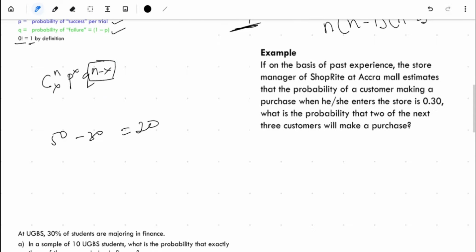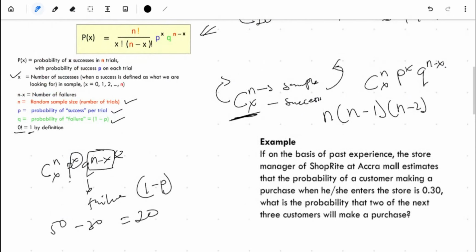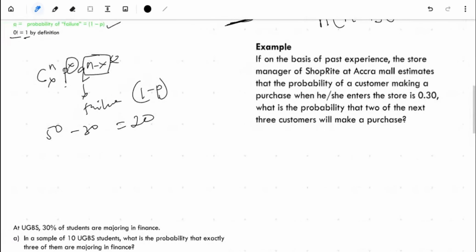So this represents what is here, and then the q represents our failure, and we say that failure is 1 minus the probability of success, right? And this is the probability of success, or the number of successes. So this is how simply you can write the formula, right? Yeah. So let's look at this example.